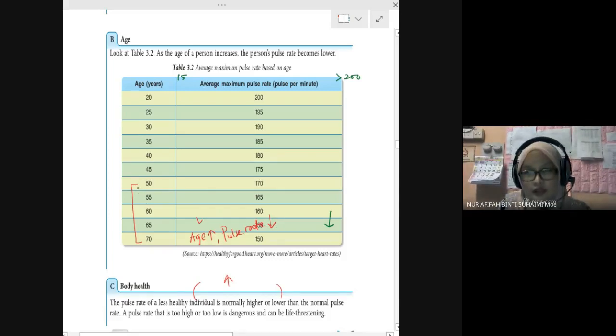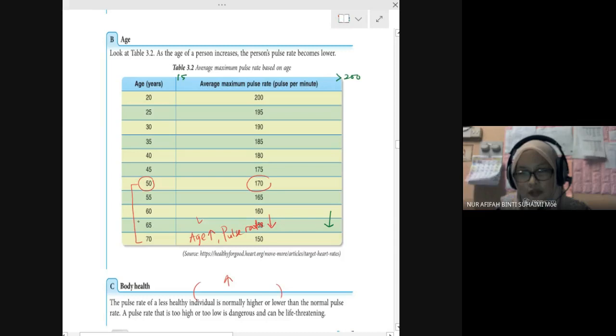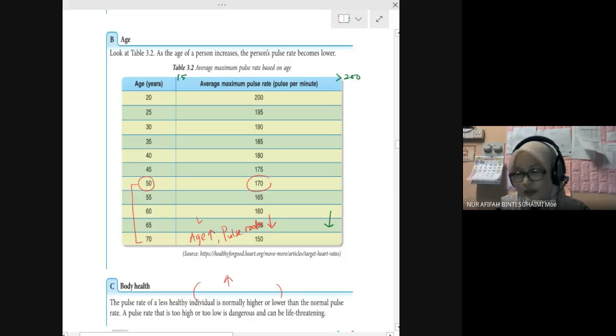As you become older and older, the pulse rate decreases, becomes lower. As age increases, the pulse rate decreases. Bila umur meningkat, kadar nadi akan berkurang. Age increases, pulse rate decreases.